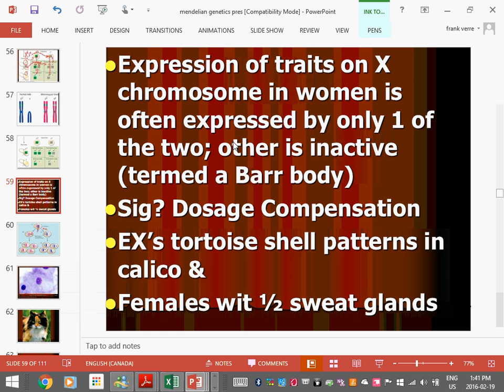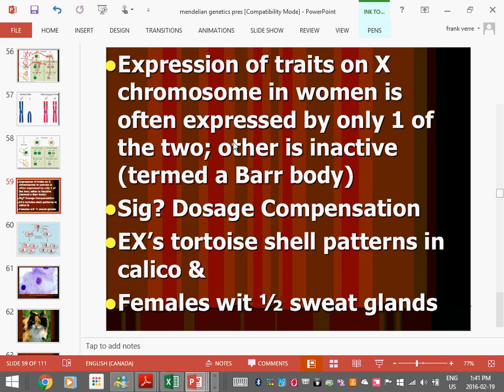There's a gene that determines the ability to produce sweat glands, and it's on your X chromosome. So if you're heterozygous and you have a defective copy, well, if you're a male and you have a defective copy, you can't make sweat glands.